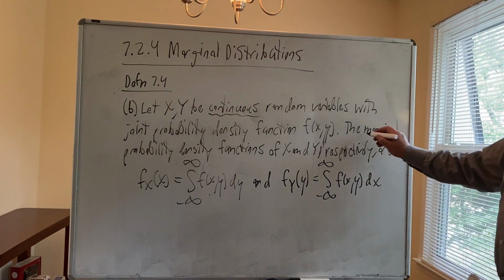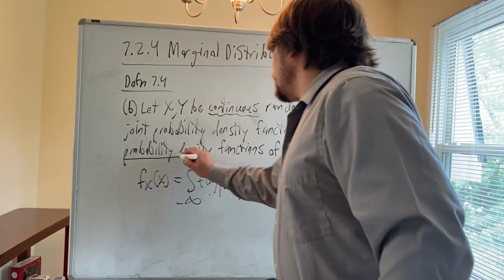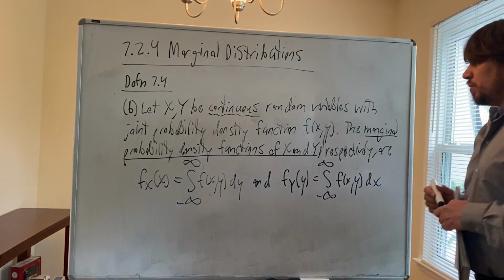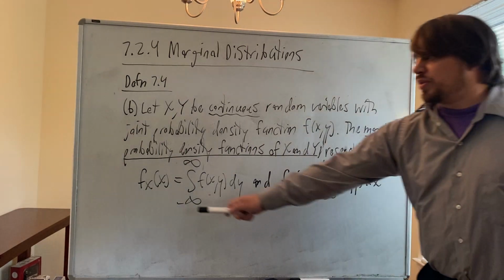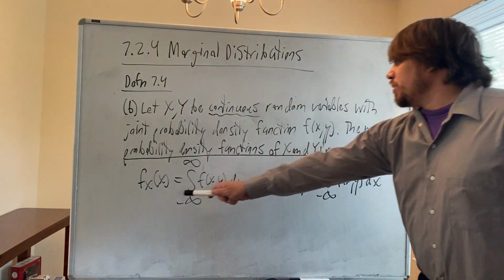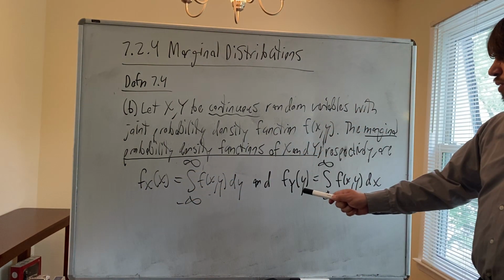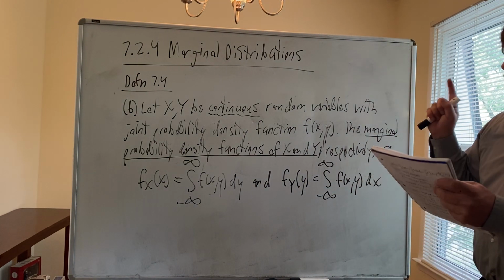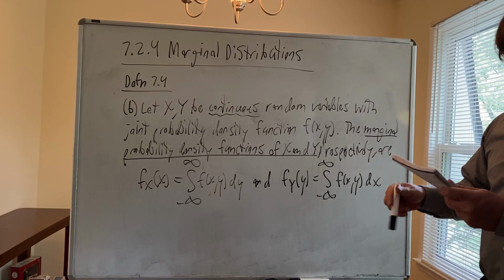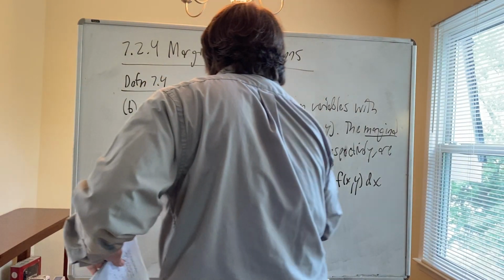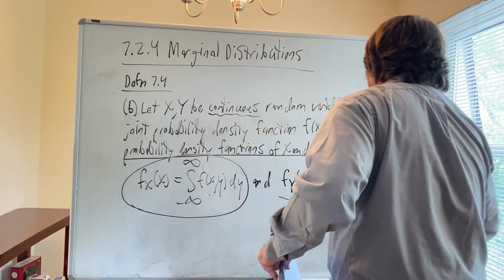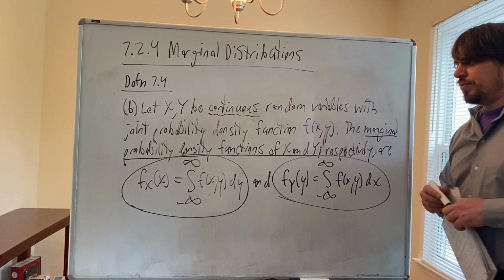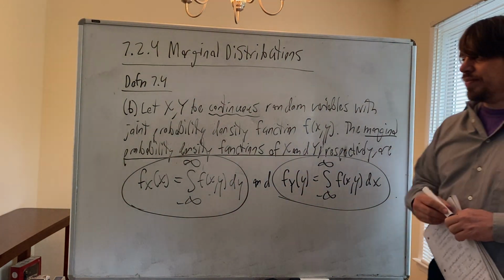Okay, so these are the marginal probability density functions of X and Y. This is the marginal probability density function of X, and this is the marginal probability density function of Y. And so definition 7.4 part B gives you this equation, and it gives you that equation.